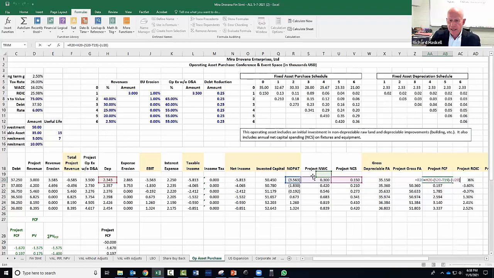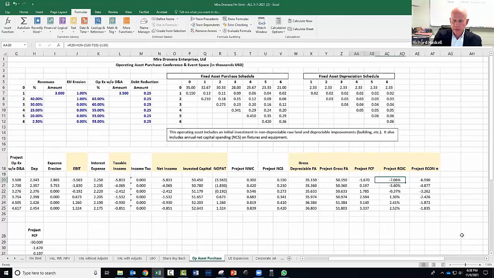And then I have net capital spending of 0.15. Well, let's figure out how I got that. So remember, I got that net capital spending from a dollar amount of revenue and 5% improvement on that as we grew our net working capital. And so we've gone ahead and used the basic free cash flow equation.